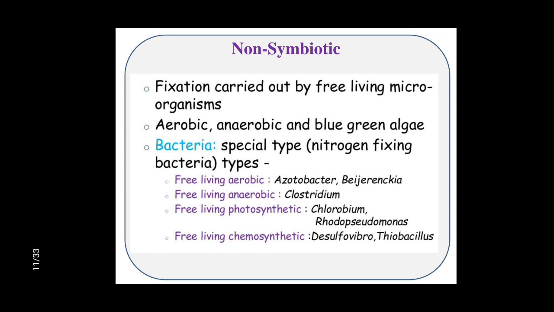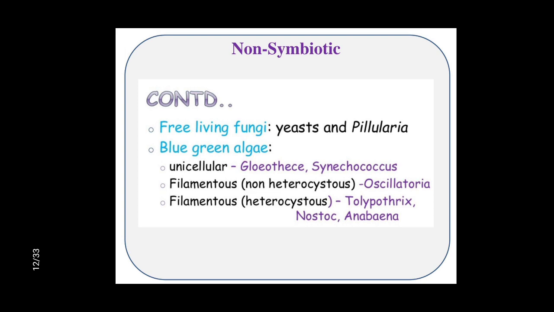Non-symbiotic: the fixation is carried out by free living organisms, aerobic, anaerobic, and blue-green algae. These are some bacteria which are used in non-symbiotic processes. Also, these are yeast, blue-green algae, and some bacteria which are used in non-symbiotic processes.